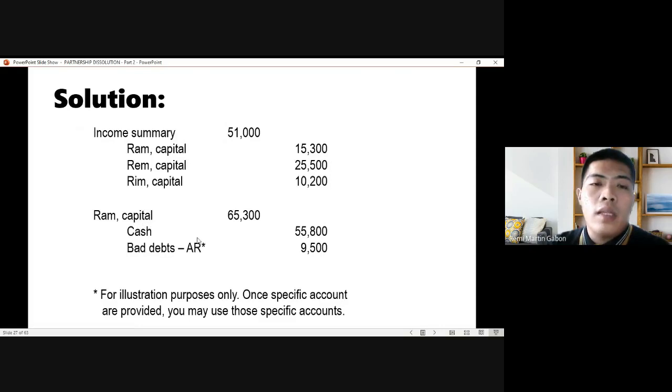The difference of the retirement price and the adjusted capital interest of RAM will be accounted for as referring to the overvaluation. So therefore, we have to set up a bad debt account for accounts receivable of 9,500, which was stated earlier.